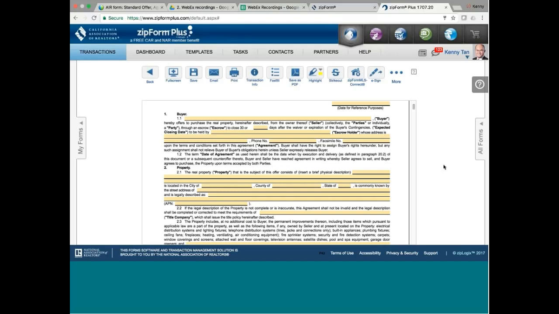All right, next. With this form, usually I don't need to wait; it's relative to removal of contingency, so usually all I need is just 5 days or 10 days. Usually I use 10 days. This is my personal preference. 30 days is too long because by the time the buyer removes all contingencies, there's nothing else left to do but close the escrow.